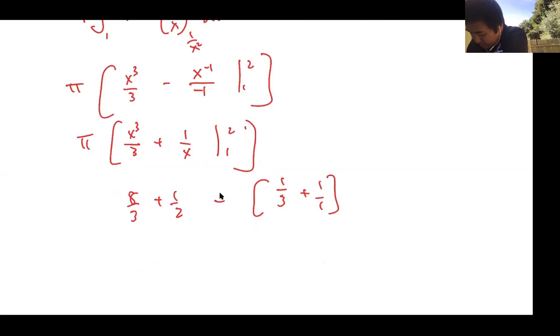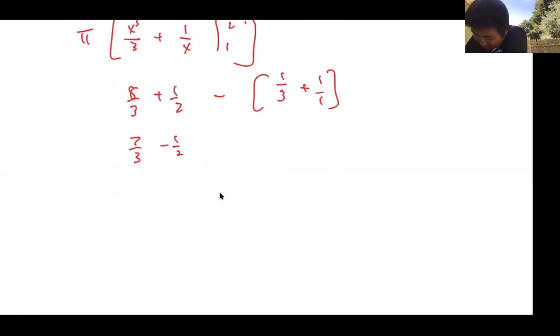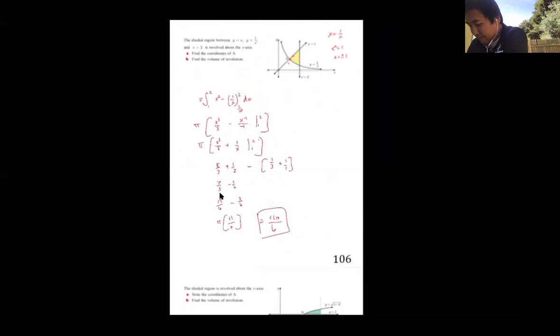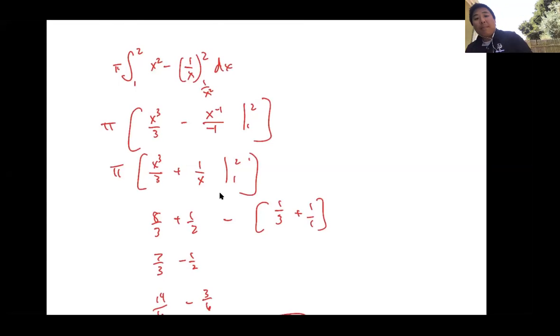You get 7/3 plus 1/2 times pi. 14 over 6 plus 3 over 6, and you get 11 over 6 times pi. You get 11 pi over 6. Kind of a weird answer. But do you notice how these really cleaned up nicely?